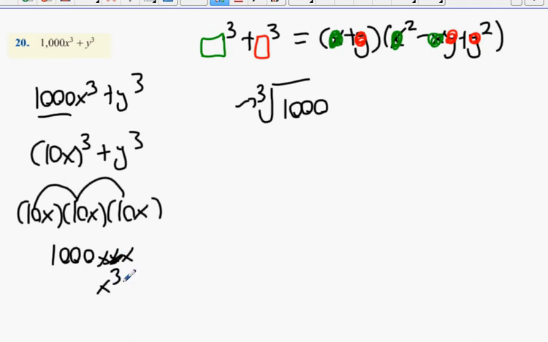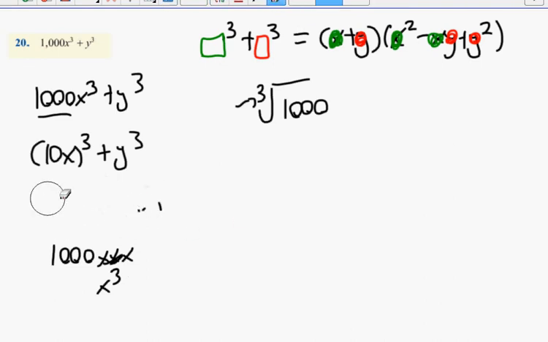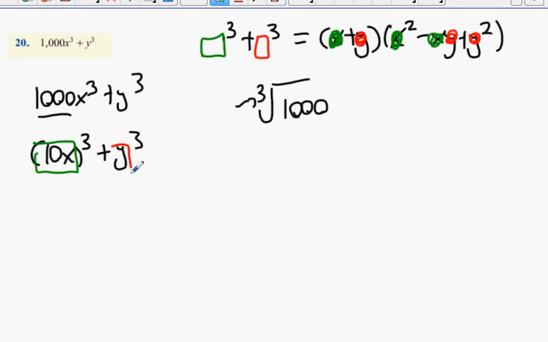So it's the same thing. Nothing's changed. And this 10x represents the green, and this y represents the red. So anywhere I have green, I put in 10x. Anywhere I have y, I still put in y.